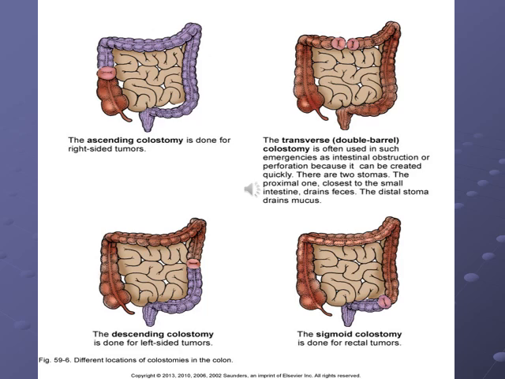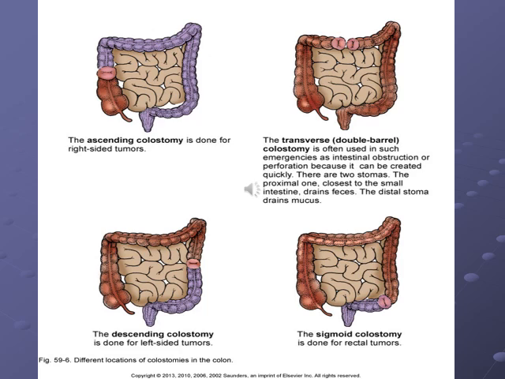If we start with the bottom right, the sigmoid colostomy, they have that portion in purple removed and the stoma formed where we see the stoma. What would we expect their bowel movements to be? Well, we have basically the entire large bowel to absorb water, so we would expect their bowel movements to be basically formed, almost as close to normal as what would be coming out the rectum.